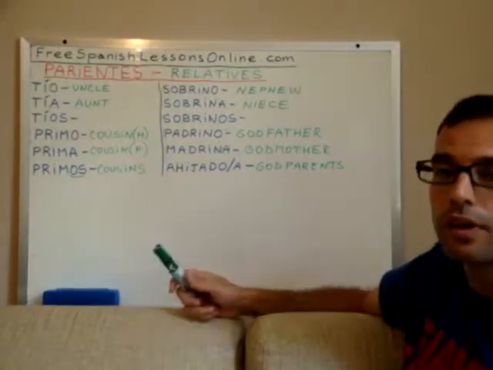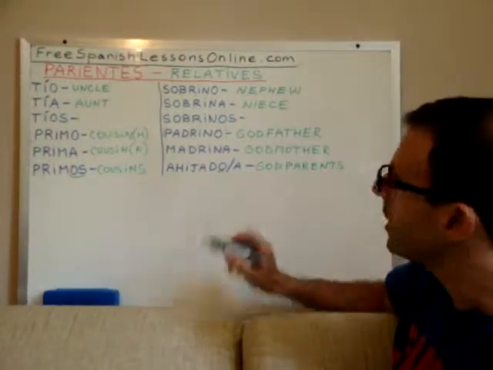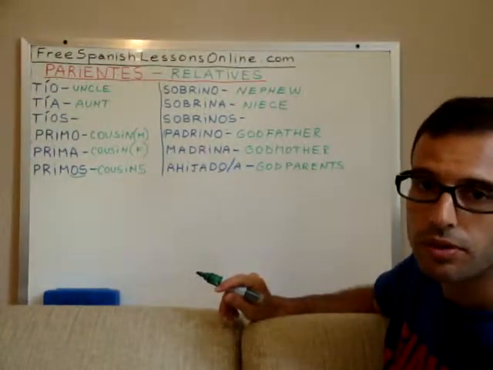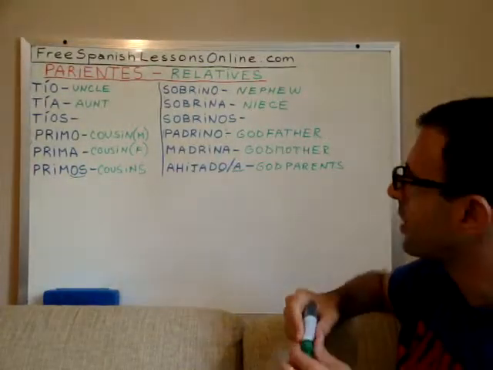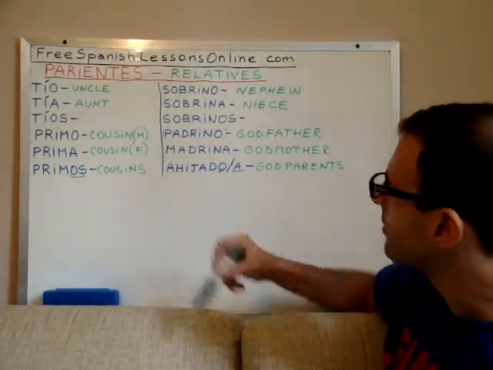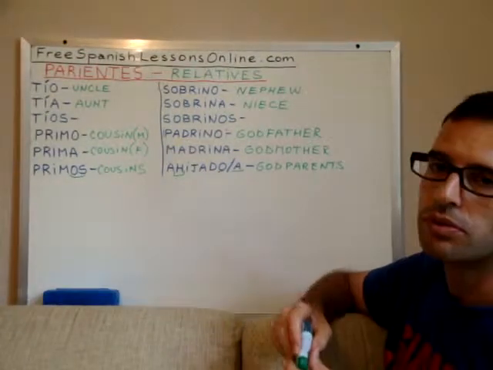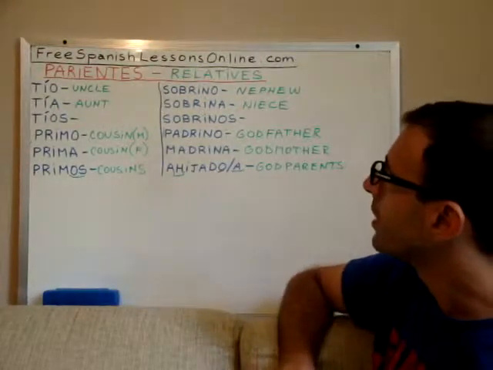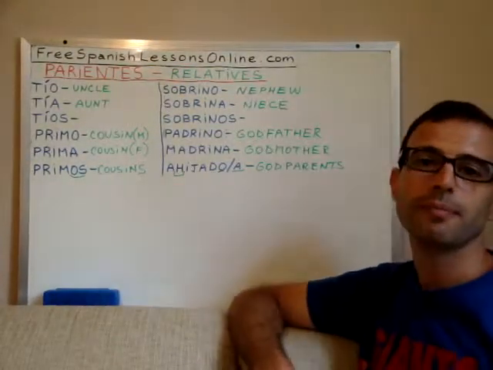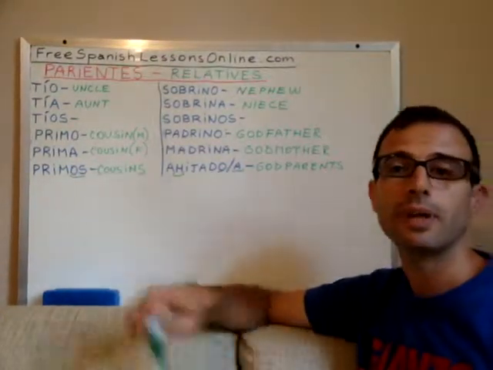So the godson would be the ahijado, ending in O, and the goddaughter would be ahijada, ending in A. Notice the H here, right? That is mute, ahijado.